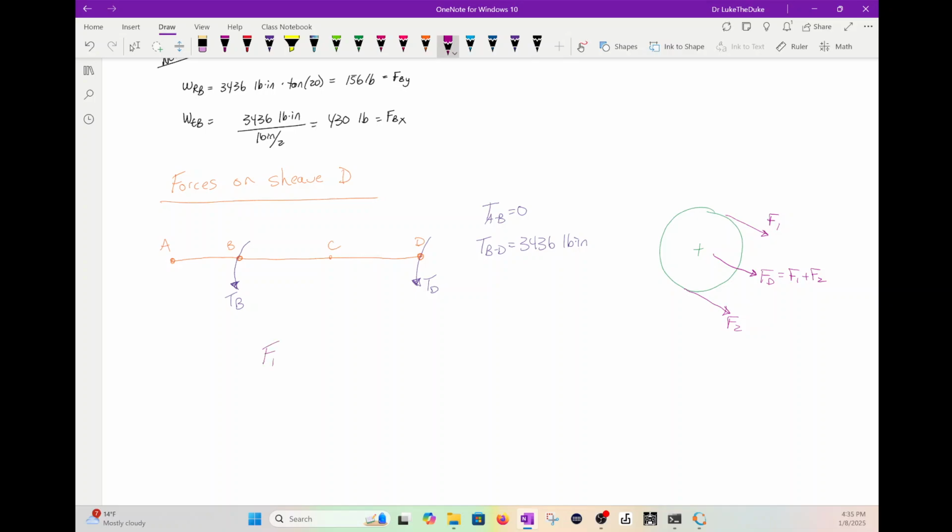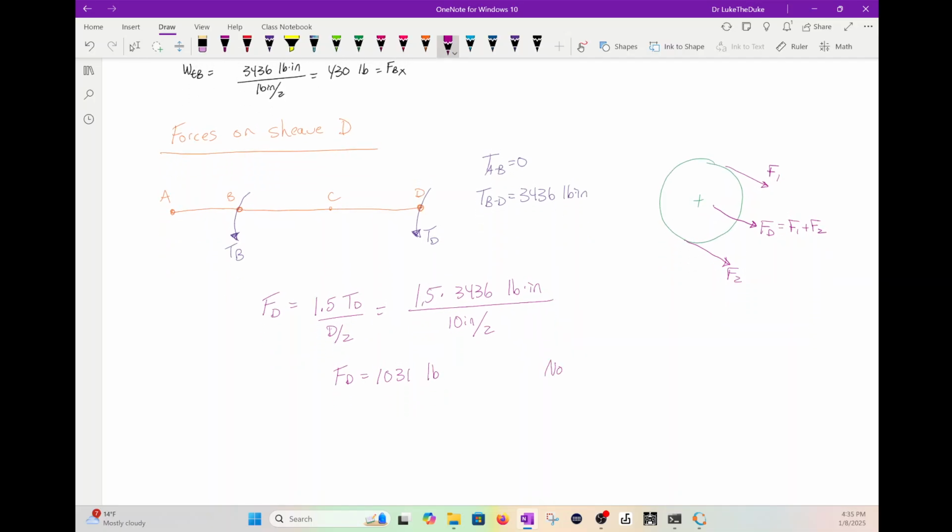We can find FD from the equation I showed you before: 1.5 times the torque at D over D over 2. This is 1.5 times 3,436 pound-inch over 10 inches over 2, and this becomes 1,031 pounds.